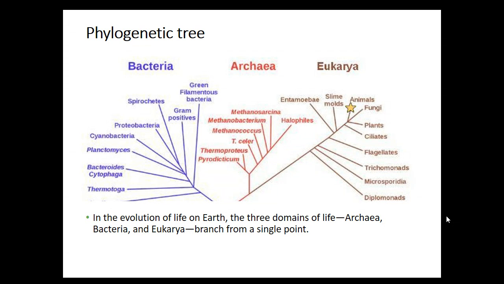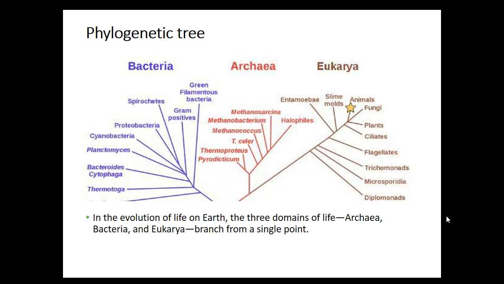They were so similar, one cell, tiny little organisms. But as you can see from here, the archaea are more closely related to the animals, plants, and fungi than they are to the bacteria. They're a completely different branch of this evolutionary tree.